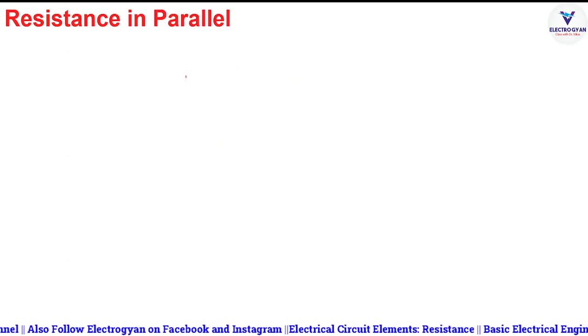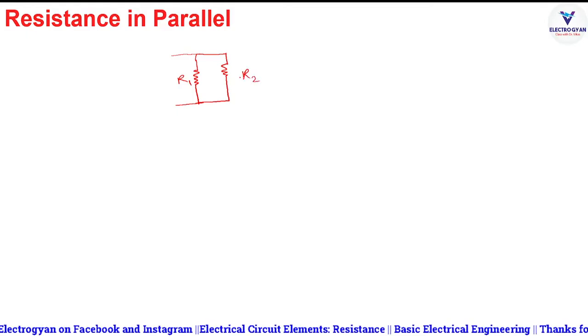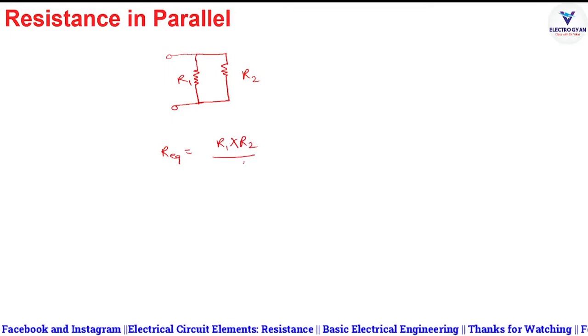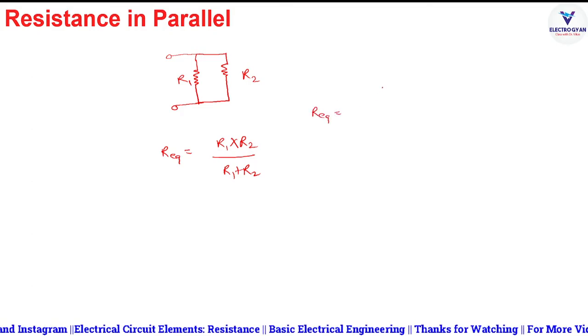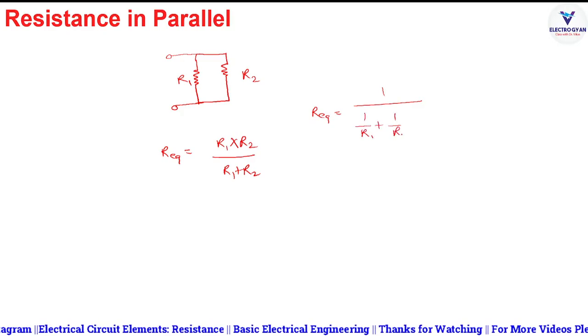If resistances are connected in parallel, suppose this is R1 and this is R2, and we have to find the equivalent resistance. Then R equivalent will be R1 into R2 upon R1 plus R2, or R equivalent will be 1 upon (1 upon R1 plus 1 upon R2).